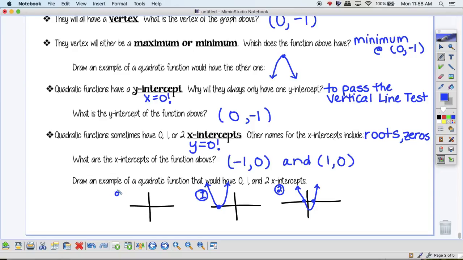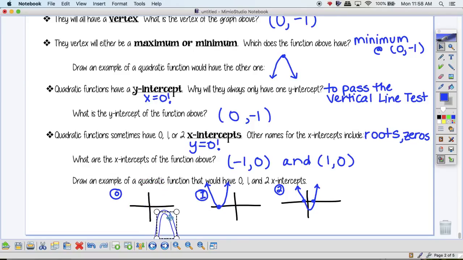Now let's figure out how to make it have 0 x-intercepts. How can I make this not have any x-intercepts? If I move this down here, that won't work because it keeps going forever. Okay, you might think, oh, well, I could flip it. Some of them are going to be upside down.